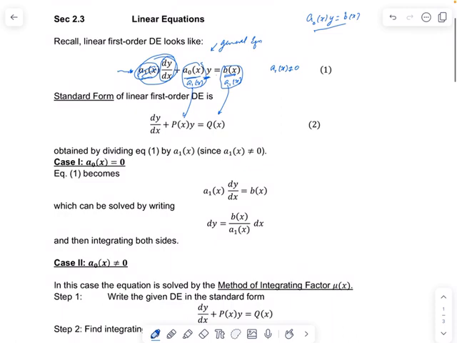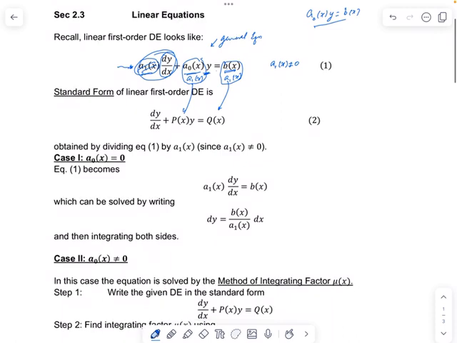So we look at two different cases. The first case is when a sub 0 of x is equal to 0, so we don't have this middle term, and our expression is only this much. In this case it becomes much simpler, because we only see the y in this derivative up here. Everything else is in x.